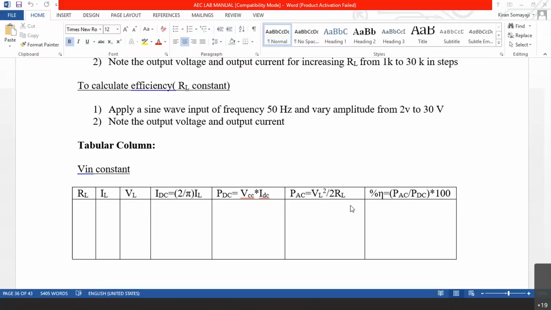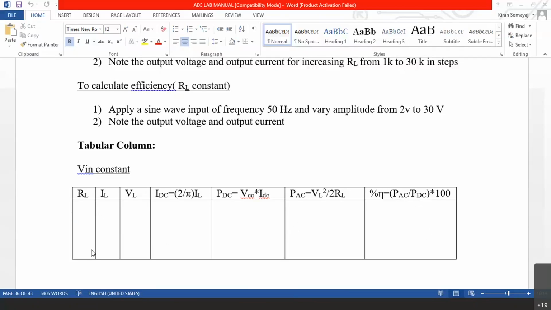Now you can tabulate all the values and you can find out the efficiency in both the cases: in the case of class B with crossover distortion and class AB without crossover distortion. For both of the circuits, the efficiency can be measured. Once the efficiency is measured, then accordingly you can find out the optimum load.